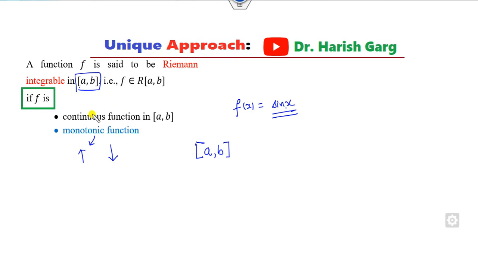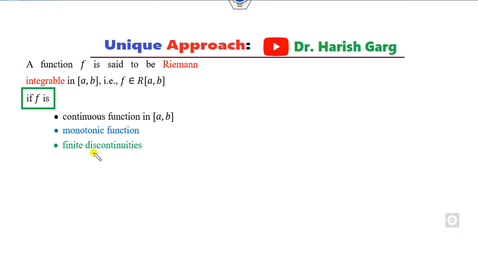Next one is if the function is not continuous, that means the function is discontinuous, what kind of discontinuities does it have? If it has finitely many discontinuities, then again the function is Riemann integrable.